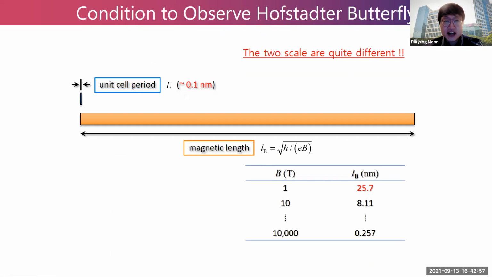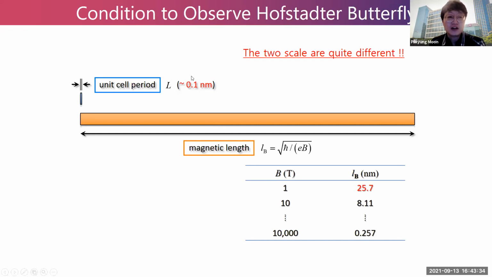However, it sounds very strange. The situation that an electron is under the simultaneous influence of a periodic potential and magnetic field is not unfamiliar to us. We've already seen this situation in many magnetotransport and magnetoabsorption spectra, but we've never seen any butterfly there. This is because the Hofstadter's butterfly appears from the competition between two different length scales, and in a general configuration, the two scales are completely different.